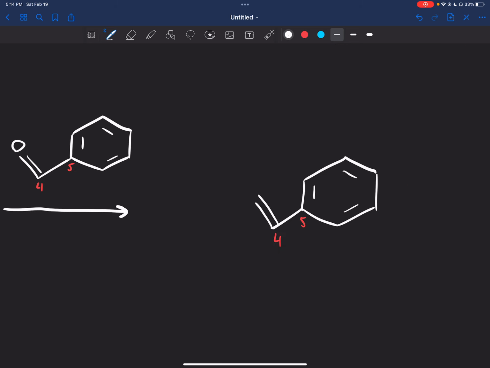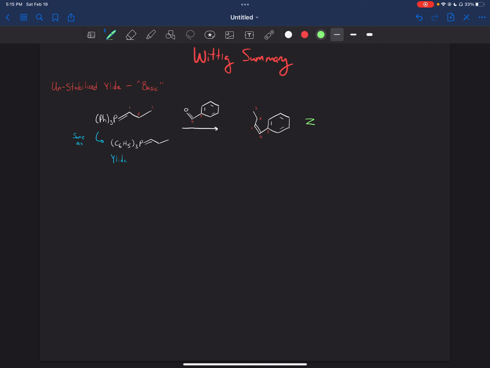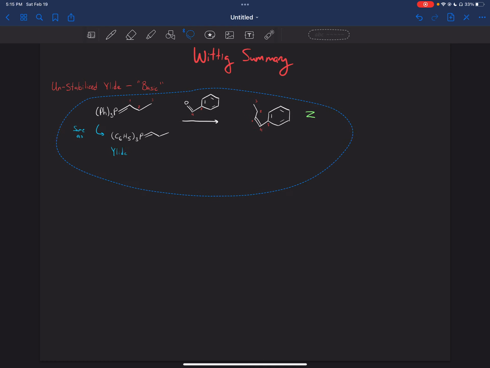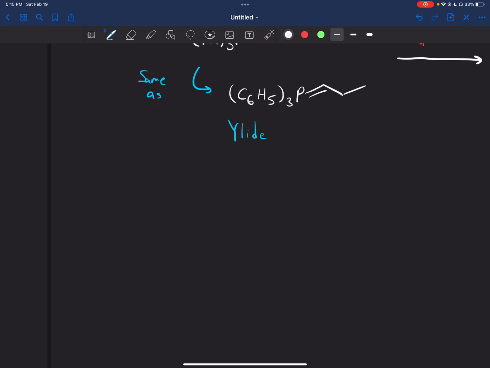So carbon 1 is here, 2 is going to go in that direction, and 2 is connected to 3. The Z isomer. So that's the first of the Wittig reactions we learned. Again, to actually make the ylid, you can go back into the previous video.